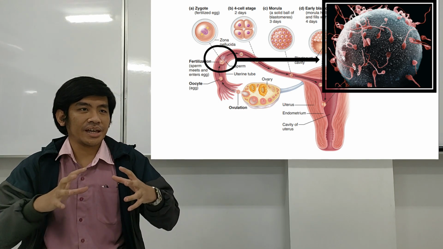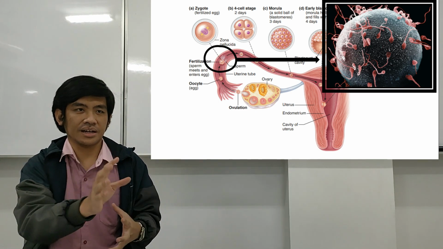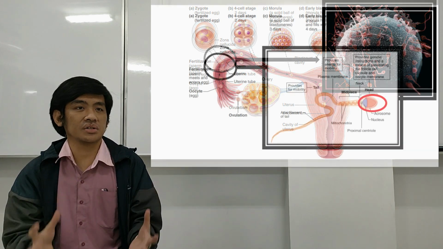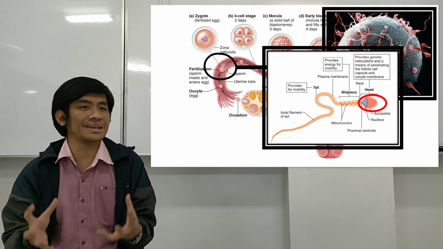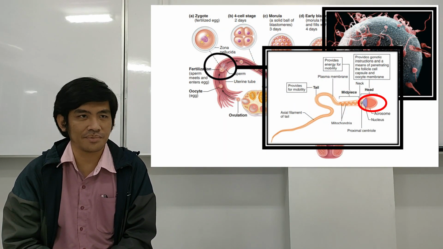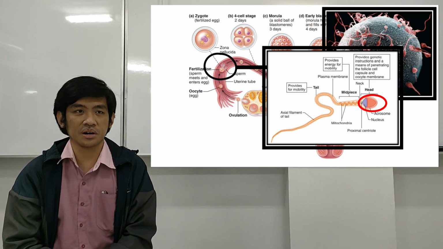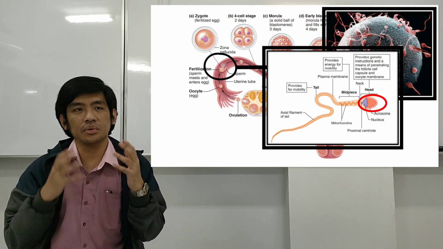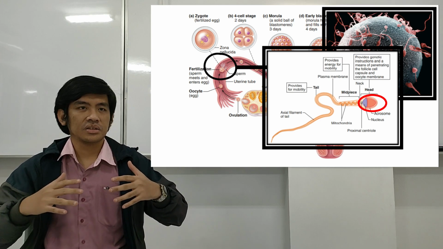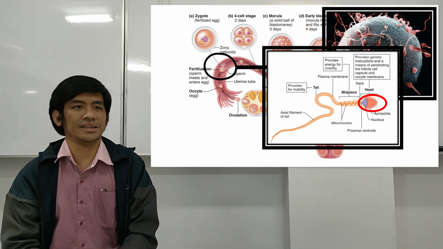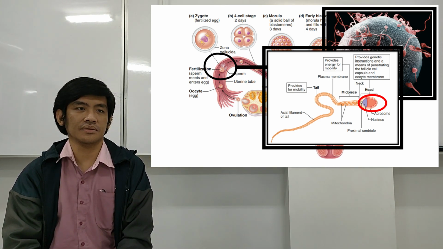Once the path has been cleared through the corona, the sperm will undergo an acrosomal reaction, which will peel off the acrosomal membrane within the head of the sperm, and this will lead to the release of enzymes to digest holes in the surrounding oocyte membrane.